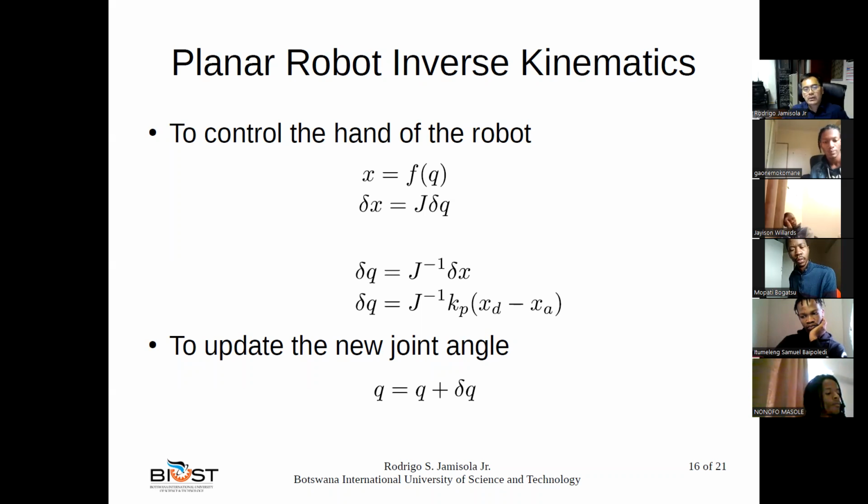Now, we already mentioned that there is a computation of forward kinematics, where the inputs are the joints and the output is the hand. Input joint, output hand.